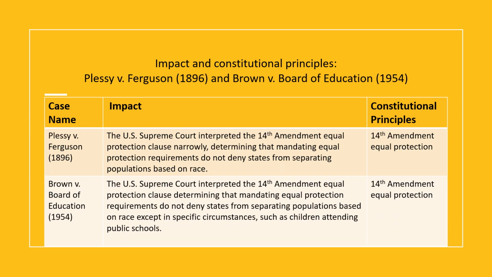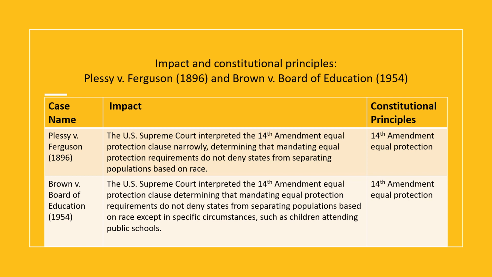What about Plessy v. Ferguson? In Plessy versus Ferguson, the U.S. Supreme Court decided that the 14th Amendment Equal Protection Clause was not violated when a state law mandated that when it came to public transportation, there be separate spaces for blacks and whites.